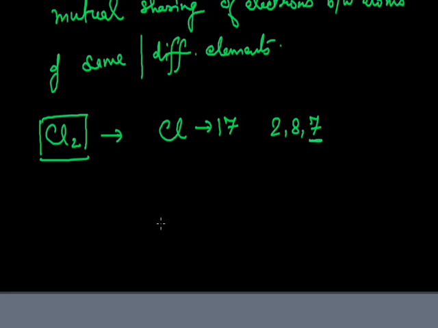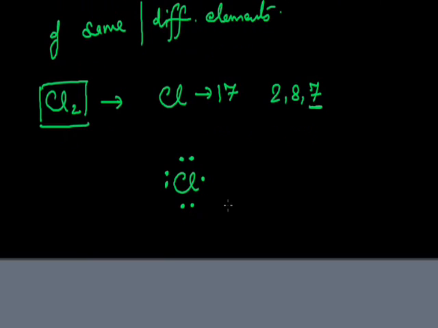Let's see the Lewis structure of chlorine. The valence shell electrons can be seen as dots here. Now, if we talk about two chlorine atoms in vicinity of each other, we'll come to know that the second chlorine atom also possesses the same number of electrons, and thus they can undergo a sharing of electrons.